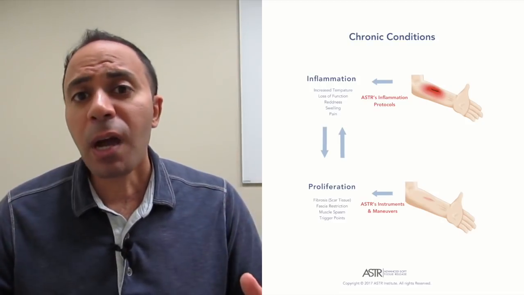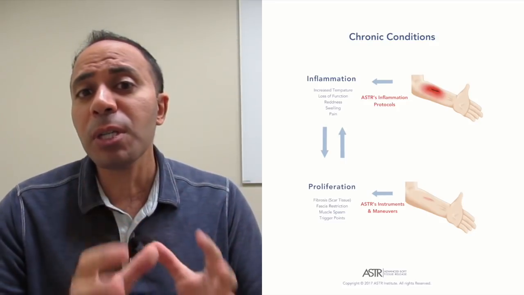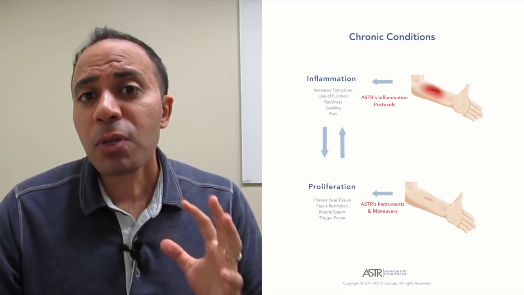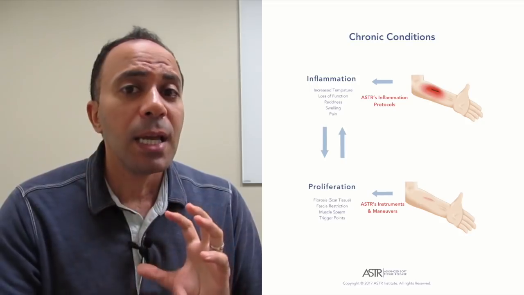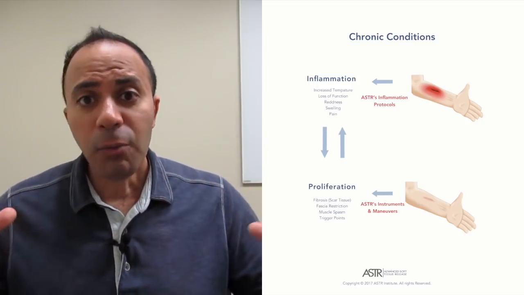A lot of the patients we see currently are actually stuck either in the proliferation or the inflammation stage, or their body goes back and forth between the proliferation and the inflammation stage. So today we're just going to focus on the proliferation, the fibrosis part of the proliferation.